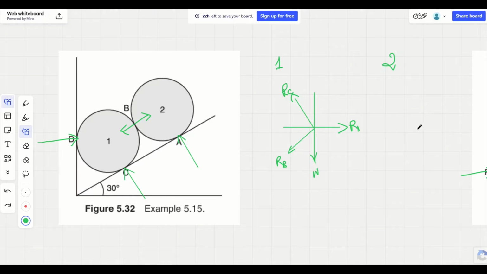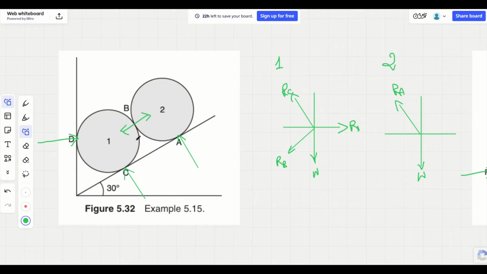Now come to sphere 2. Weight is acting downward, W. Next draw the quadrant. This RA is moving in this direction, so it will come here. This is RA.